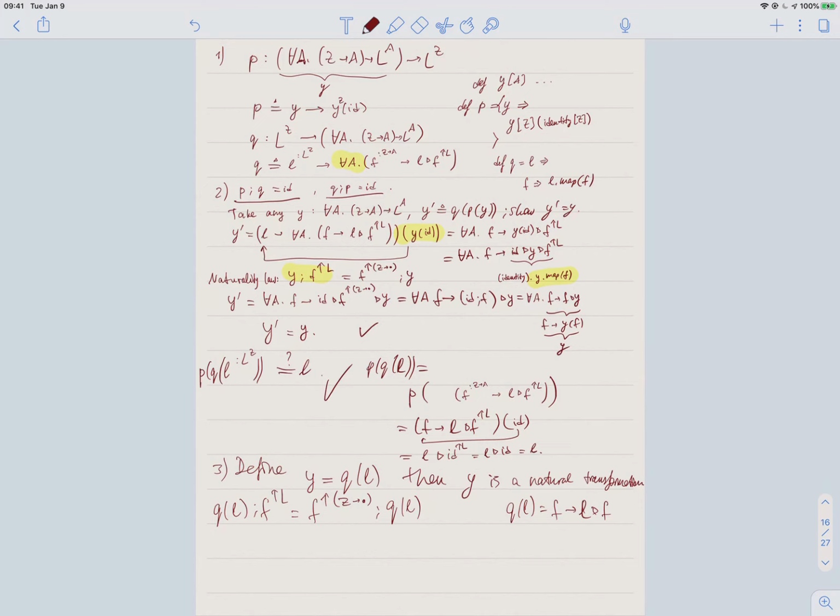So let us now apply this to some value, say to value x.